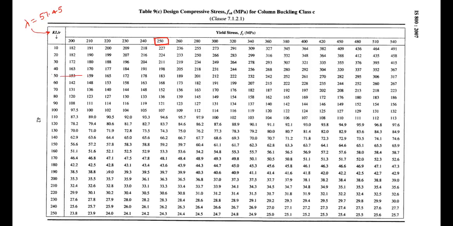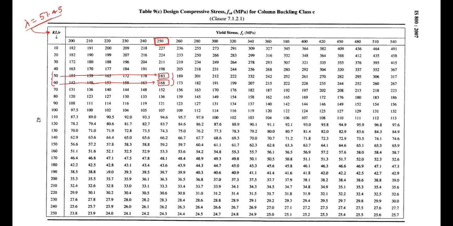For 50, the value of FCD is 183, and for 60, the value of FCD is 168. So let's interpolate between these two values and find out the corresponding FCD value when lambda equals 57.45.